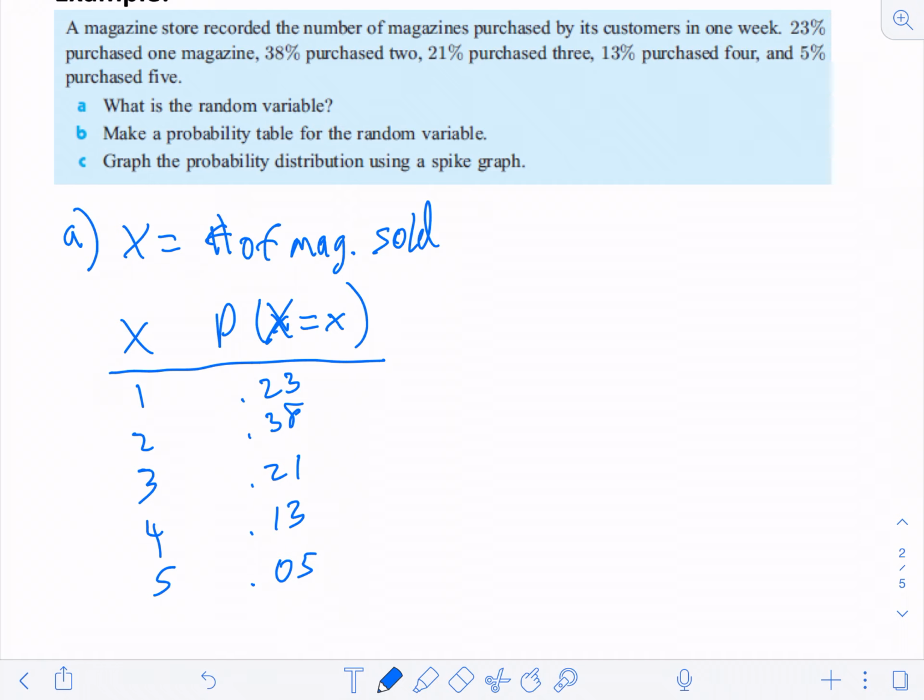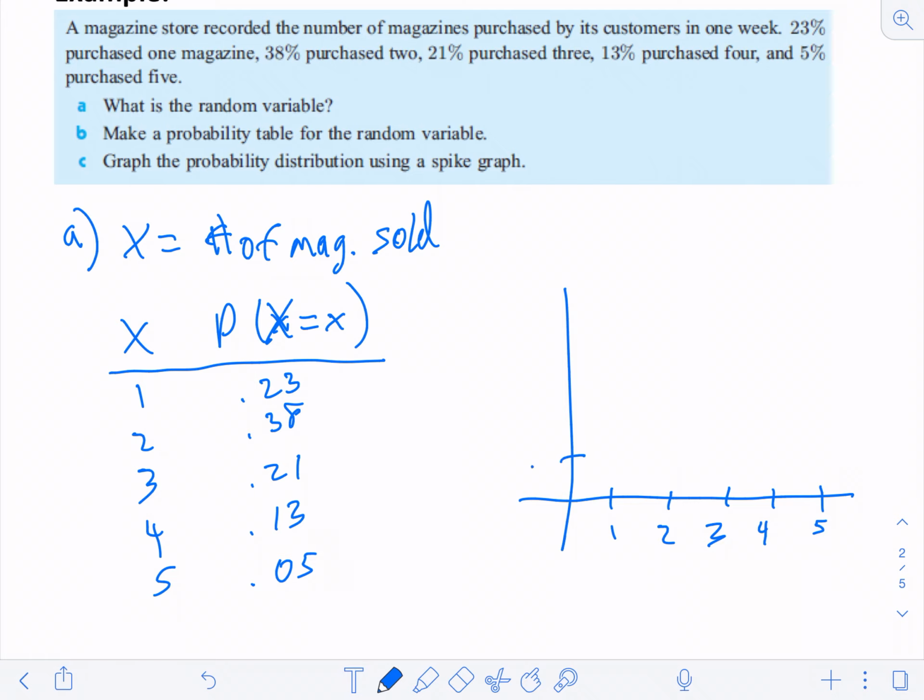So can we make a probability distribution using a spike graph? Do you remember what a spike graph is? It's like a bar graph, but with really thin lines. Down here at the bottom are my x values, 1, 2, 3, 4, or 5. What's the probability that x could be 1, 2, 3, 4, or 5?